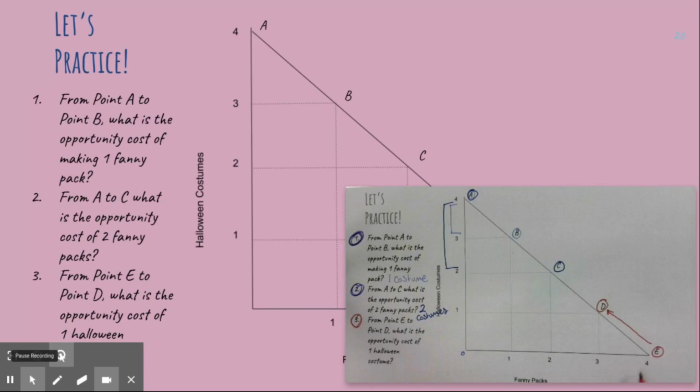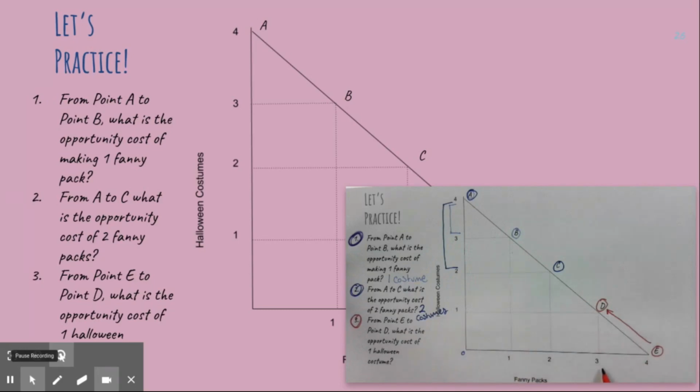At point E, I'm making 4 fanny packs and 0 Halloween costumes because I'm on the 0 line for Halloween costumes. Okay? If I move from point E to point D, now I'm making at D 3 fanny packs and 1 Halloween costume. So what did I have to give up?